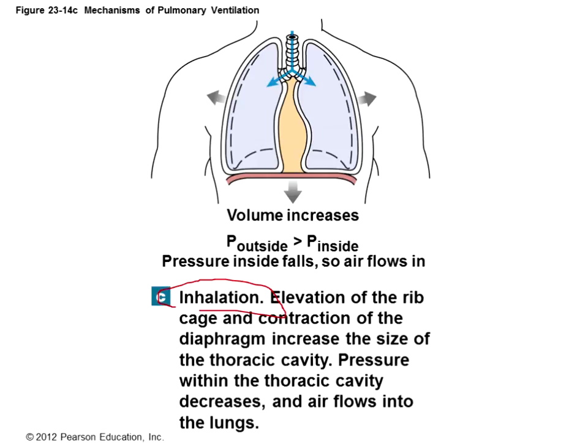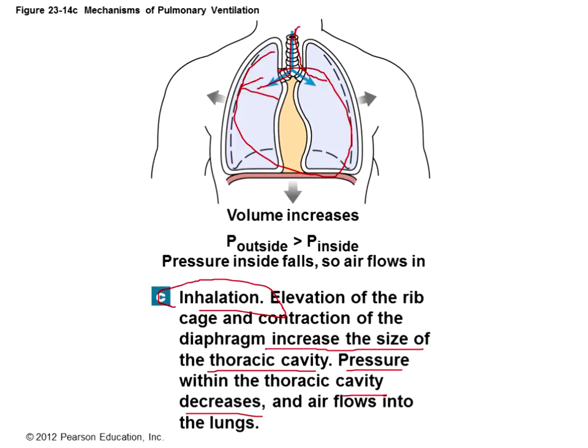When you inhale, you elevate the rib cage and contract the diaphragm, which pulls down, and you increase the size of the thoracic cavity. If you increase the size of this cavity, can you see how the pressure in that cavity is going to decrease? We talked about Boyle's law: if you increase that cavity size, you decrease the pressure.